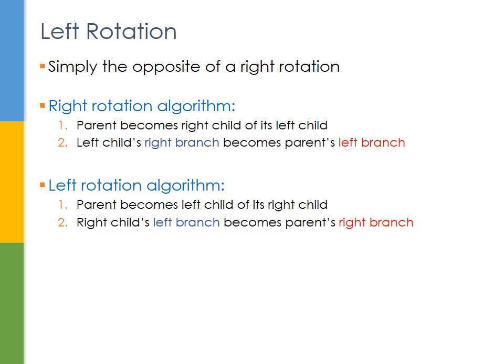In the case of a left rotation, the parent becomes the left child of its right child instead. And then as the second step for a right rotation, the left child's right branch becomes the parent's left branch. In the case of a left rotation, the right child's left branch becomes the parent's right branch.